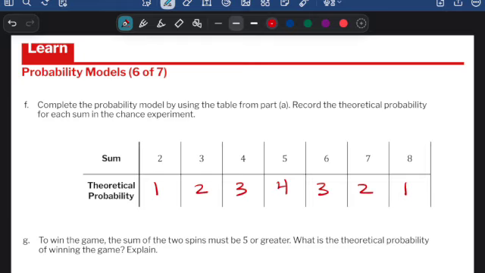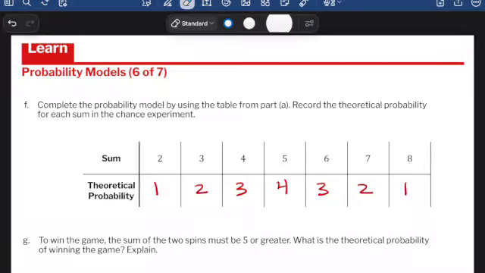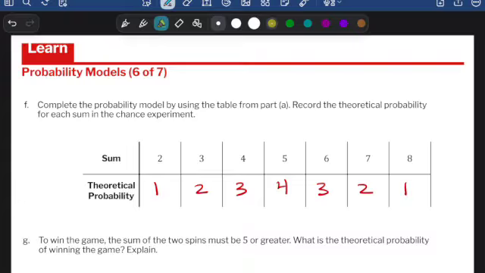To win the game, the sum of the 2 spins must be 5 or greater. So which of these outcomes in our probability model was 5 or greater? These are the outcomes that had a sum of 5 or greater, and these are the tally marks. So we had it 4 times, 3 times, 2 times, 1 time.